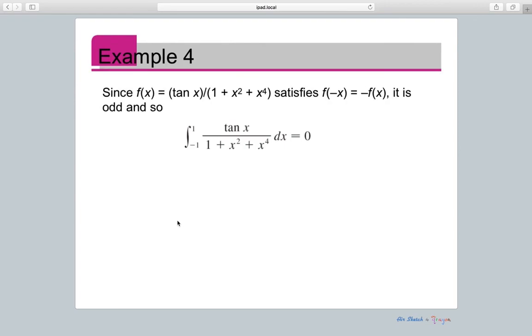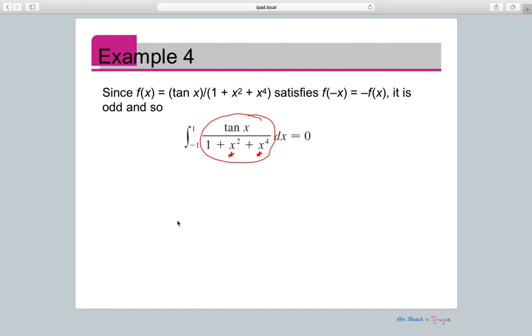Now, this one, it is good to know this trick, because if I ask you for this integral, this is a huge messy function. There's not really a use of that you can do for this, but if you can recognize, okay, if I plug in -x, these things aren't going to change, because squaring a negative and raising a negative to the 4th power makes them positive again, right?